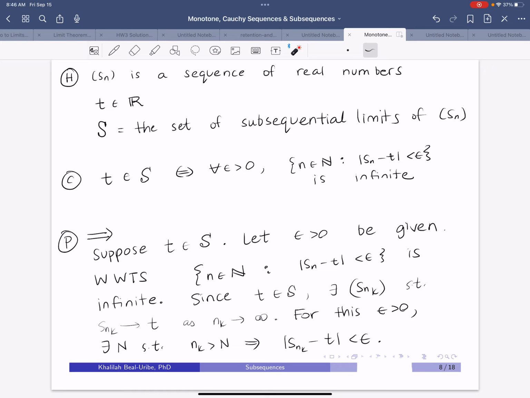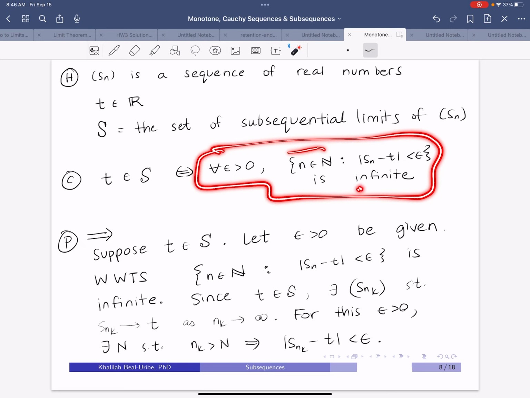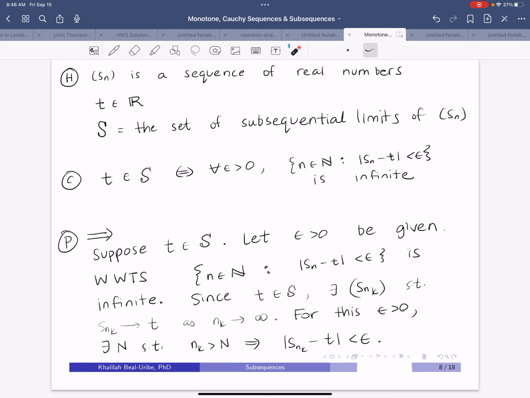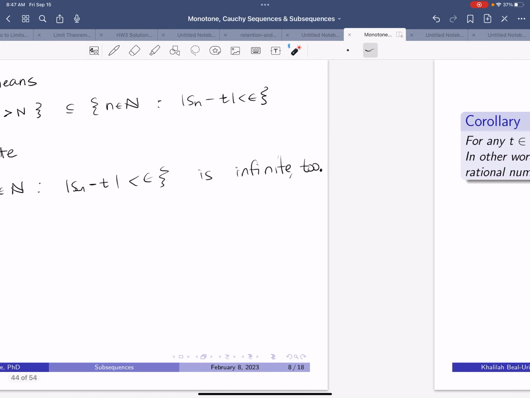So if T is a subsequential limit, then this set is infinite. And now let's prove the other way. Suppose for every epsilon greater than 0, this set is infinite. We have to show that there's a subsequence converging to T. And further, we need to show that the subsequence can be made to be monotonic. Okay? So let's see here.